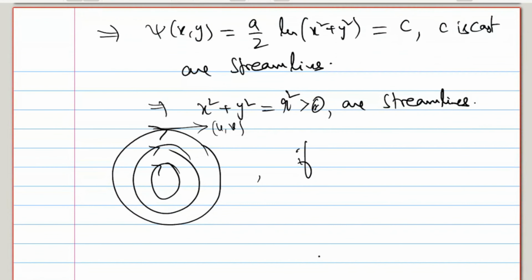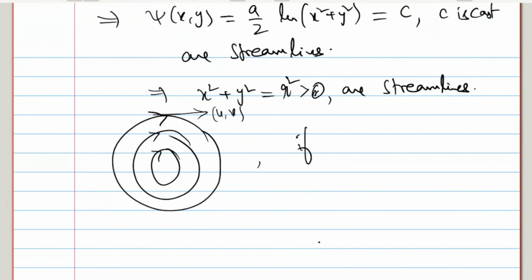Why is that? x is 0, no? You're looking at x equal to 0 at that point, right? Isn't it? y is, let us say, y equal to some constant, x equal to 0 here.